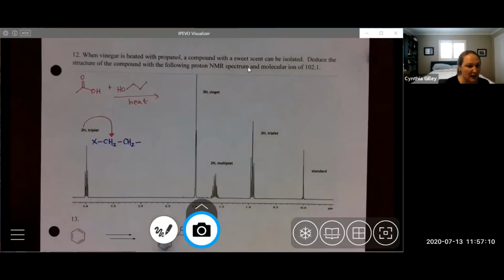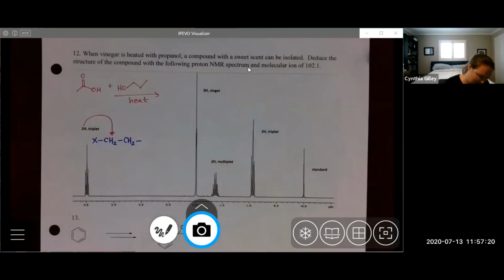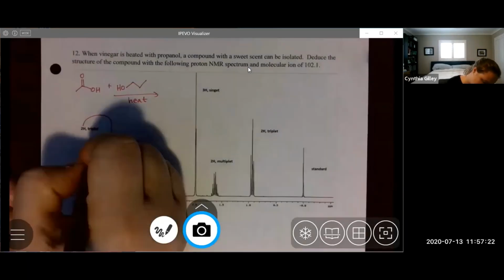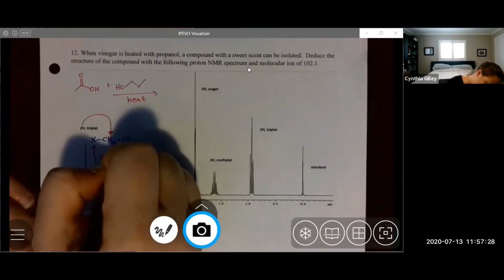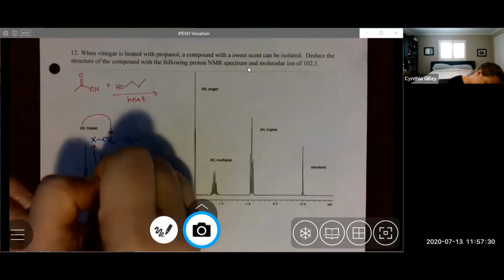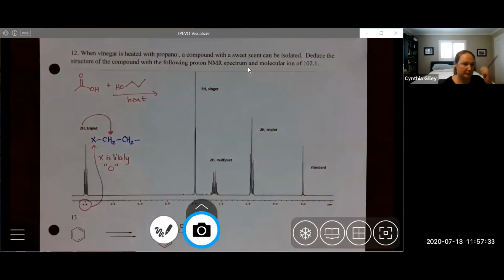So we don't know yet, but if we look at the chemical shift being close to 4 here, that is a strong indication that X is likely oxygen, just because I know that the only heteroatom I have in the reaction is oxygen.